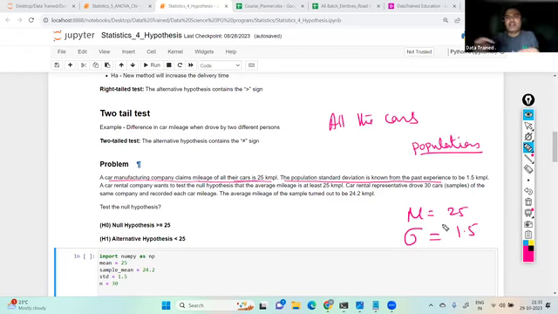In general, we talk like this: it will give around 25 kilometer per liter, but plus or minus 1.5. That's how you need to understand this. So that is the population standard deviation. Now one car rental company wanted to start a new rental company in multiple cities.